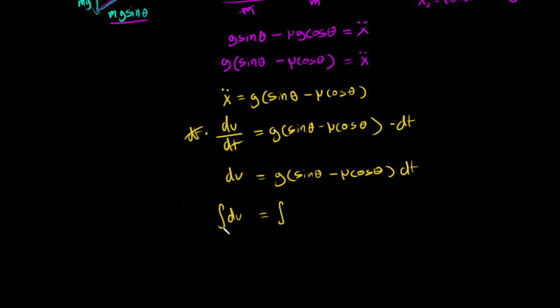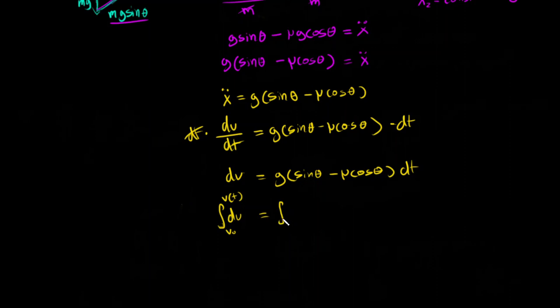Now I'm going to write from some velocity, the initial velocity, to some velocity at time t. That's our limit, and because this will be a function of time anyways, right?